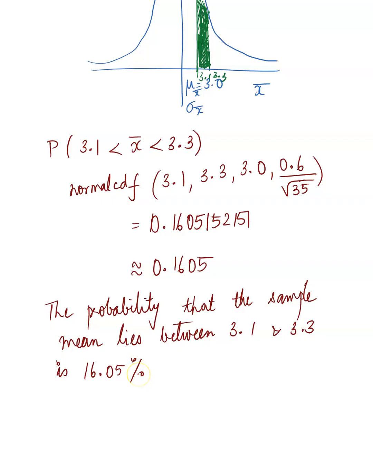Okay. So then there is a 16.05% chance that for a sample of 35 GPA scores, the sample mean will lie between 3.1 and 3.3.